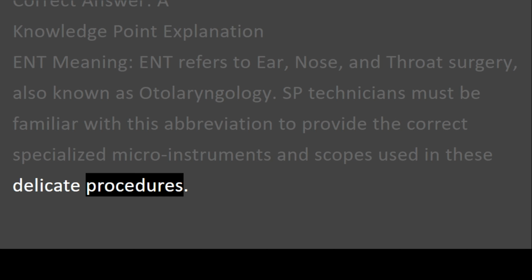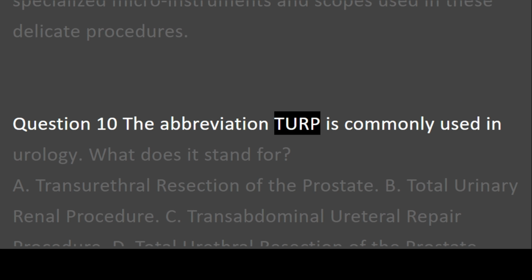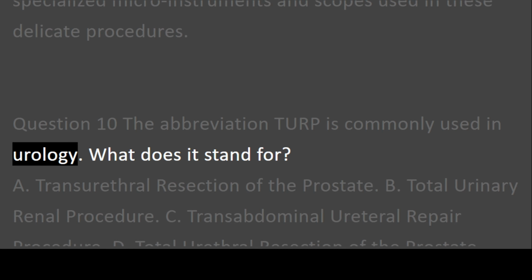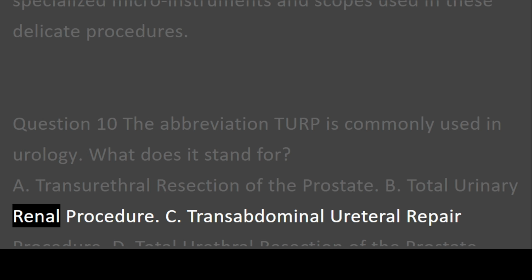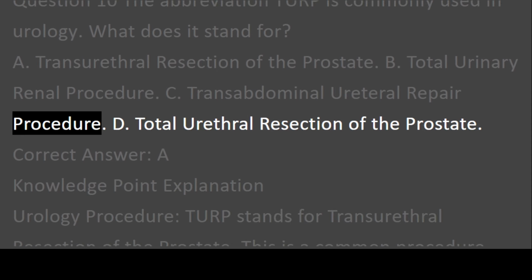Question 10. The abbreviation TURP is commonly used in urology. What does it stand for? A. Transurethral resection of the prostate. B. Total urinary renal procedure. C. Transabdominal ureteral repair procedure. D. Total urethral resection of the prostate.